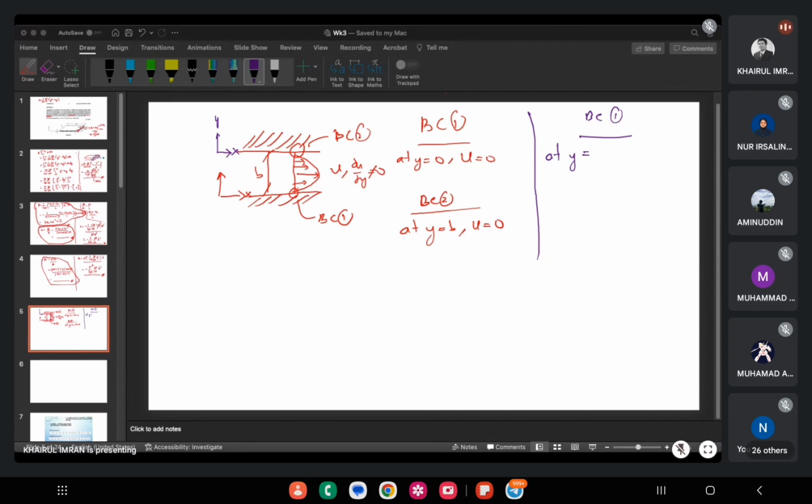For the purple color, when the origin is at the top, Y equals to zero. If Y equals to 0, you put it at the top plate.